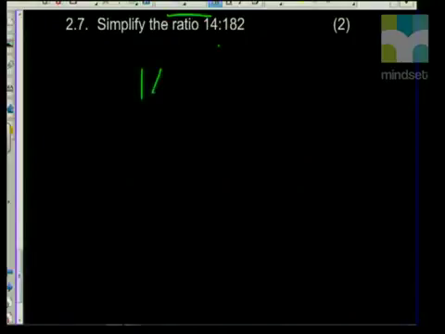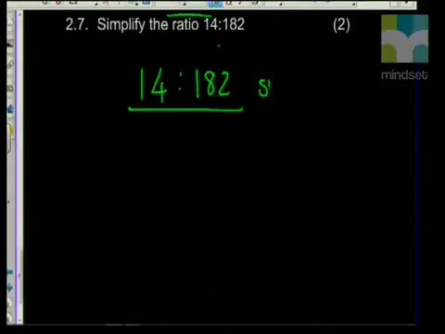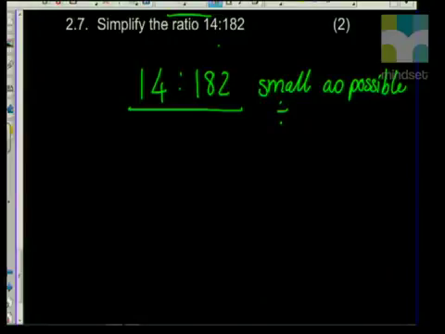Always start by writing down your ratio. And the idea is to make this as small as possible. What you always need to remember is that what you do to the one side, you have to do to the other, and in order to make it smaller, we always divide.